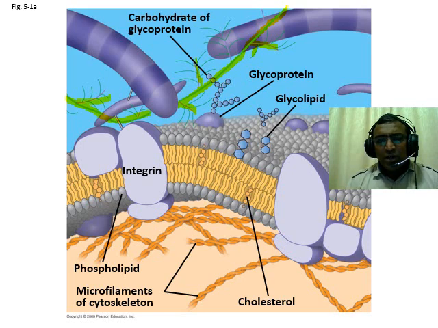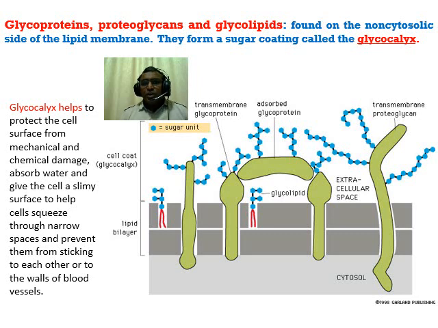Now, just to highlight that in the extracellular side or extracellular matrix, there is a layer referred to as the glycocalyx, and it encompasses transmembrane glycoprotein, absorbed glycoprotein, and you also have transmembrane proteoglycan and glycolipid.